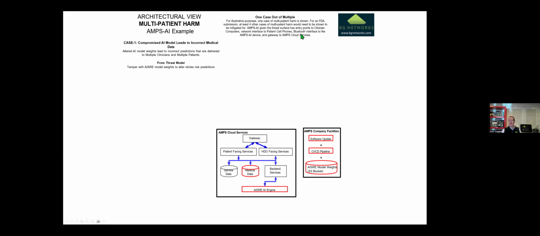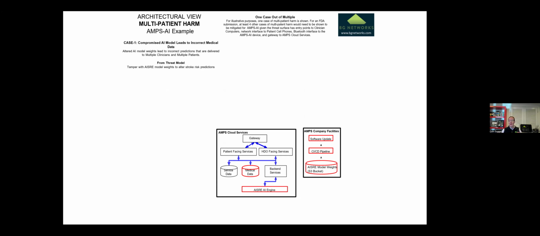I think you'd need probably 3 other multi-patient harm views because we have a cloud, because we have an app, because we have a Bluetooth device, and then we have the update process, and we have the clinician computer also.